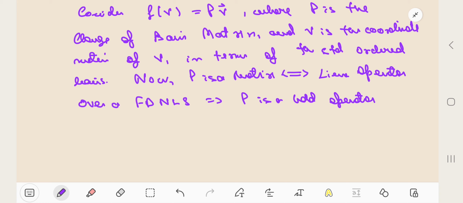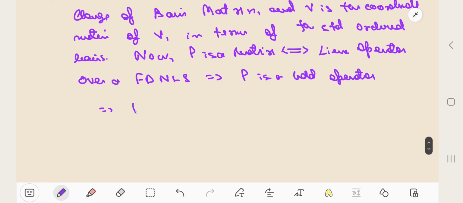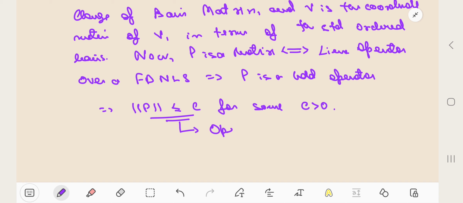So this implies that the norm of P is less than or equal to C for some C greater than 0. Okay. So this is often called the operator norm. These are topics from functional analysis. If you have taken a course on it, then this part will be clear to you. Otherwise, you can just take it as a fact that the image of the closed ball centered at 0 is bounded.